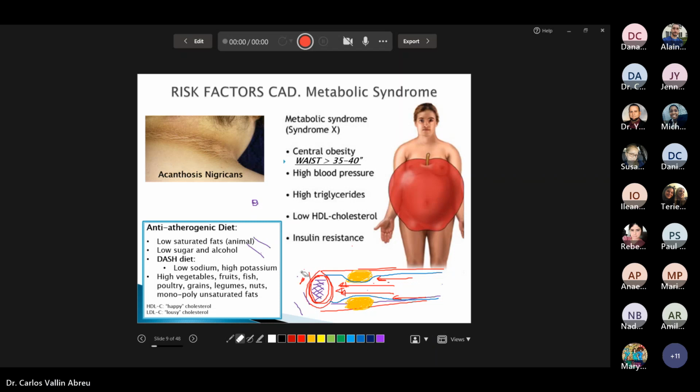one day, bad luck, the client can have one of those plaques break. And when the plaque breaks, the platelets that are circulating inactive in the blood become activated. The substances released when the plaque breaks activate the platelets, so the platelets will aggregate, forming over the broken plaque a clot that starts growing gradually.